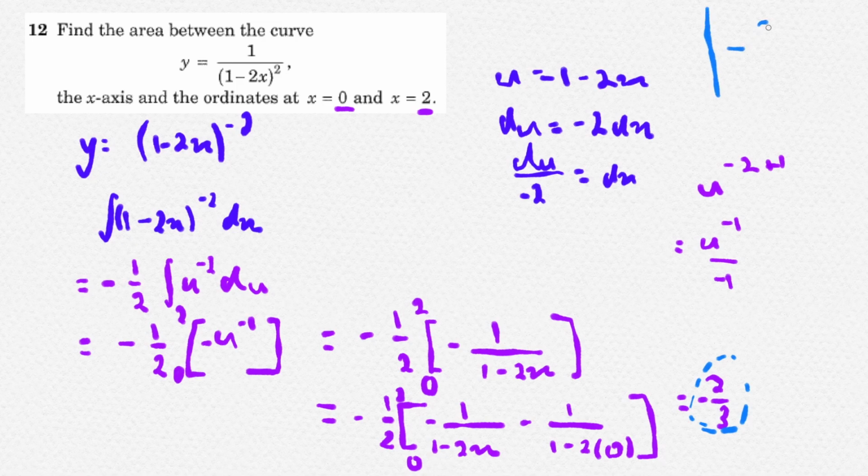The reason behind this is because you cannot have a negative area. So by taking the absolute value of negative 2 over 3, you should get a final answer of 2 over 3. Remember to always write units. In this case, our units would be 2 over 3 units squared.